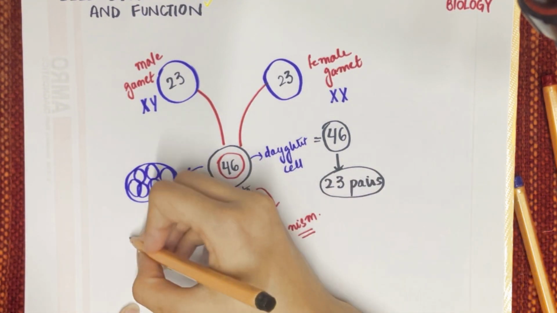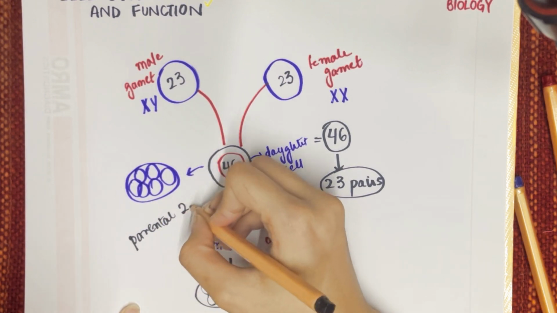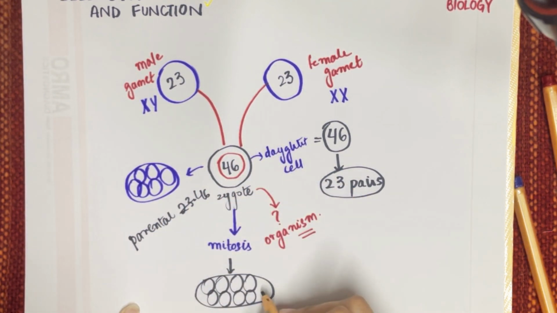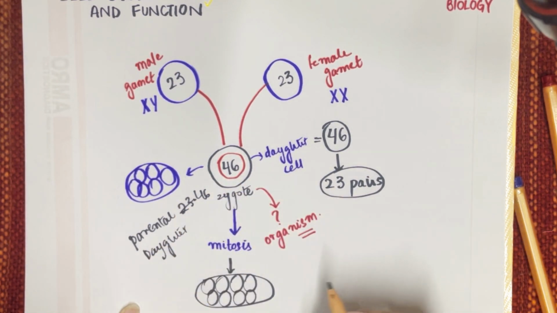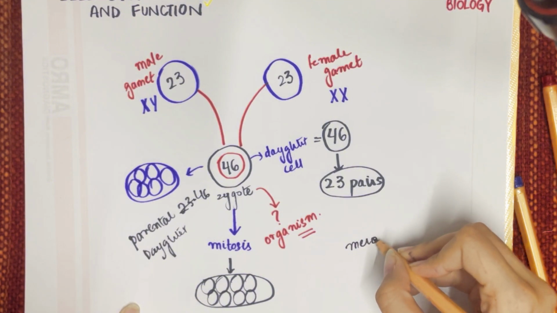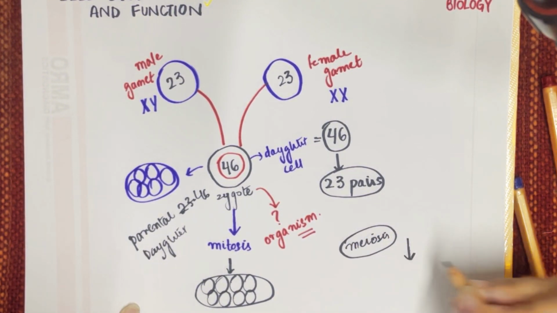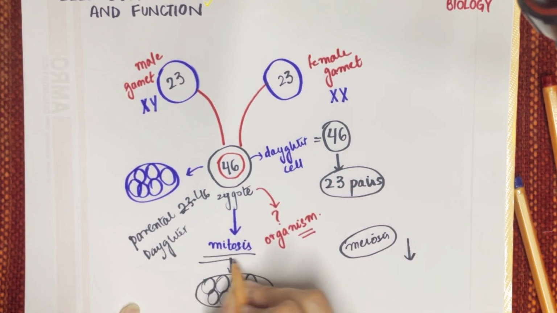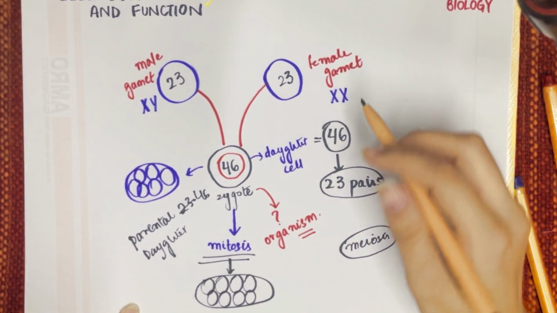The number of chromosomes in the parental cell is, for example, 23 or 46, so the daughter cells should have the same number of chromosomes. Whereas in the case of meiosis, the number of chromosomes is reduced. So when a zygote is divided by mitosis, each cell has the same number of chromosomes as the parental cell.